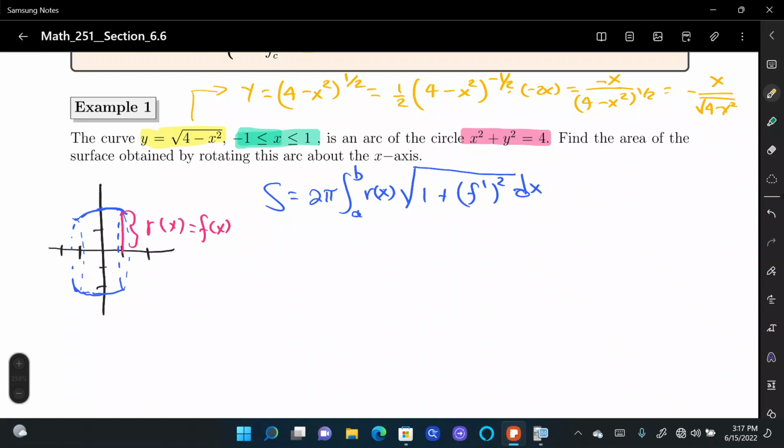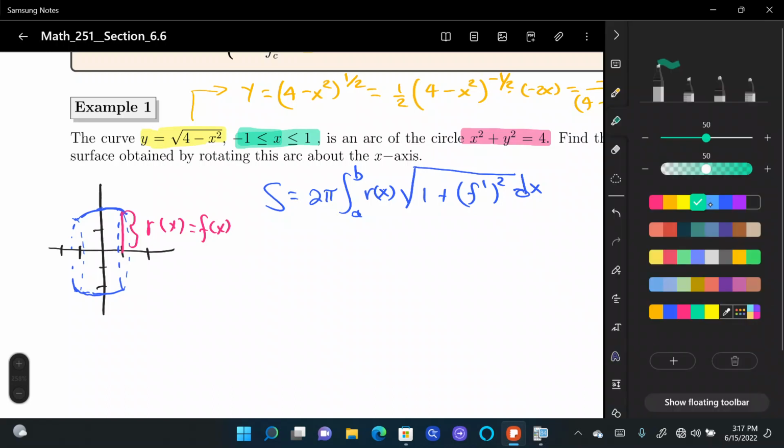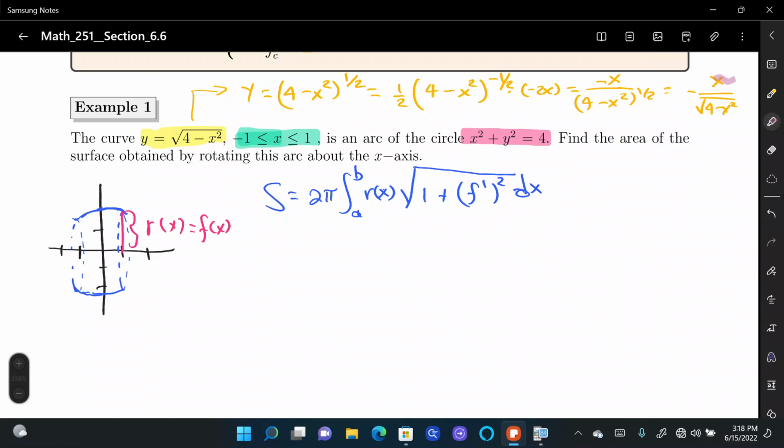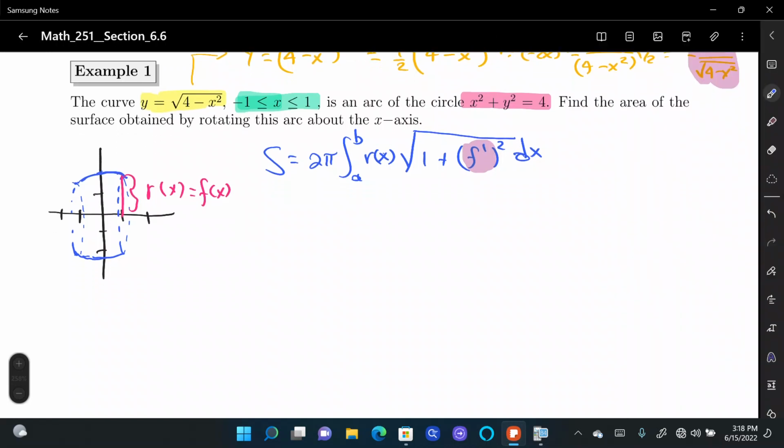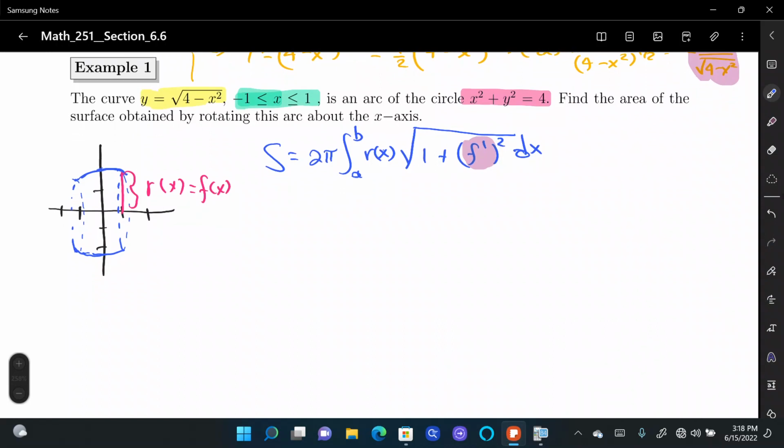Let's highlight just so you can see where I'm going to put it. This is going to block your vision a little bit. Let me use a different color to highlight this one. This one will be here. Okay, so let's set up the problem again.